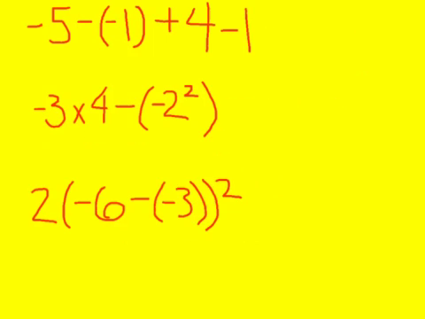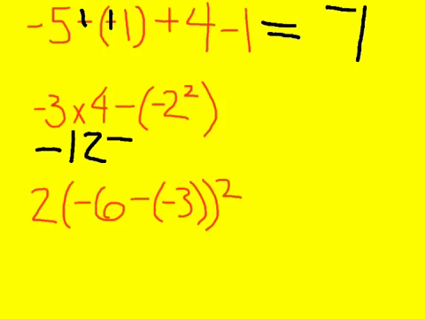Example problem number 2. For the first one, we have negative 5 minus negative 1, so we can change that to plus positive. So negative 5 plus 1 is negative 4. Negative 4 plus 4 will be 0. And 0 minus 1 gives us negative 1. Negative 3 times 4 will be negative 12, minus, remember the negative 2 has to be in parentheses, and the exponent has to be on the outside for it to be a positive number.